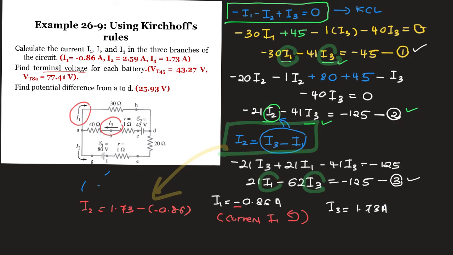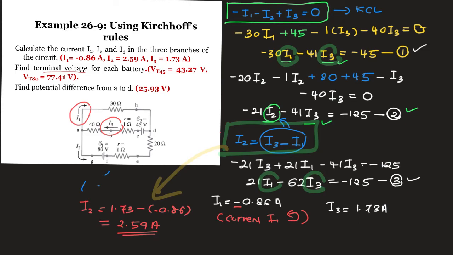I2 equals 1.73 plus 0.86, which gives 2.59 ampere. So you already found I1, I2, and I3. Once you find these three currents, you can proceed to the next question.